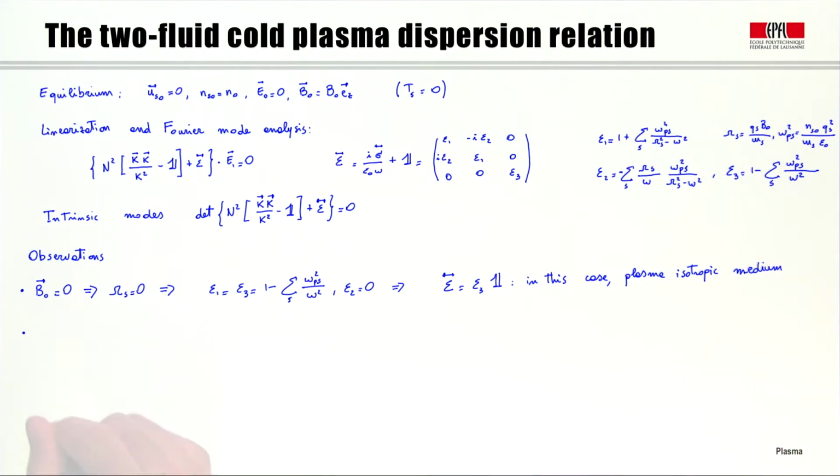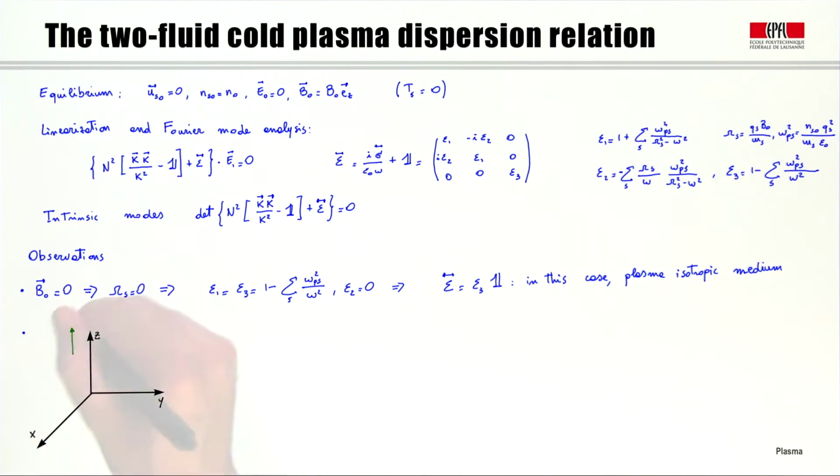Second observation that I would like to make. Well, let's look at our space x, y, z. We have that the equilibrium magnetic field is in the direction of the z axis.